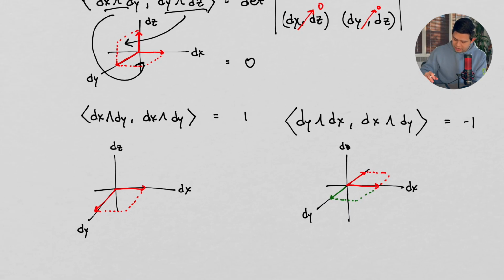How about dx wedge dy with dx wedge dy? We're taking the inner product of something with itself, so it should be 1.